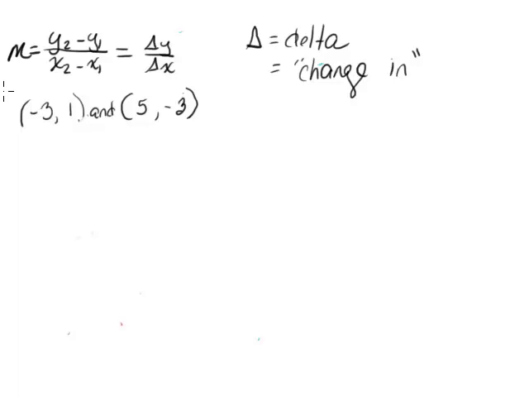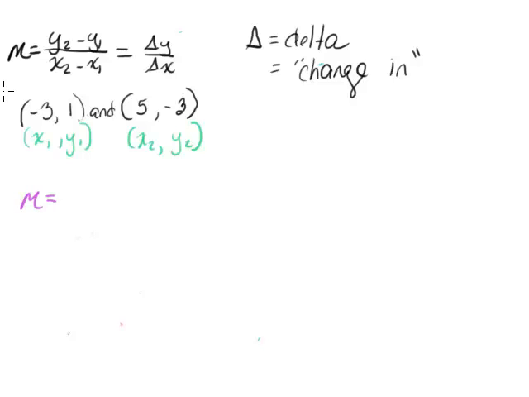So let's begin, and we're going to start by denoting this to be x sub 1, y sub 1, and this x sub 2, y sub 2. It's not necessary to do this step, but oftentimes it can help guide you. So we're going to say y sub 2 minus y sub 1.